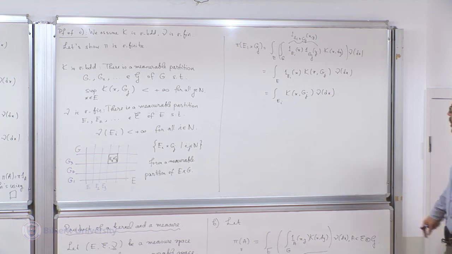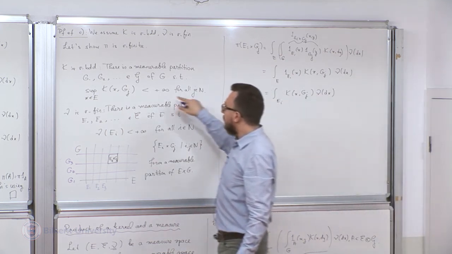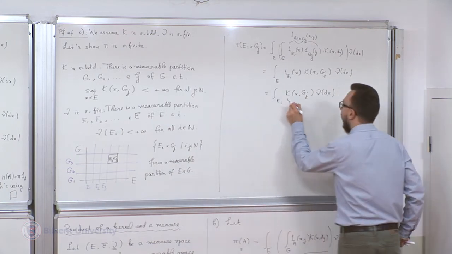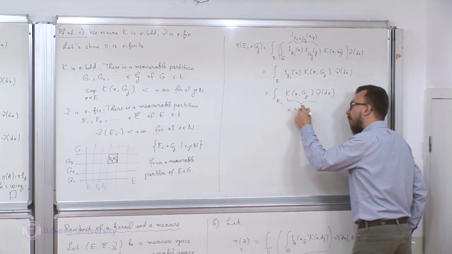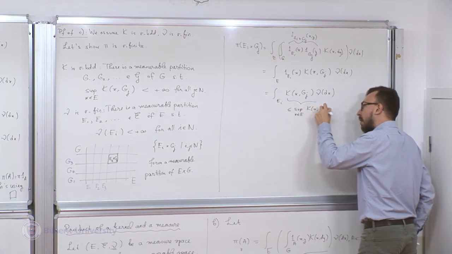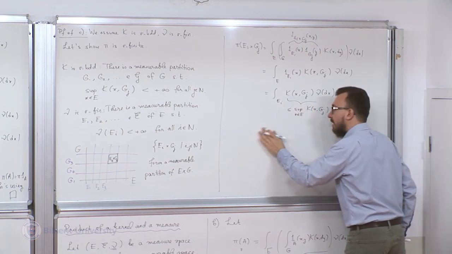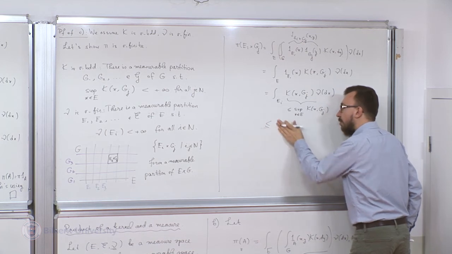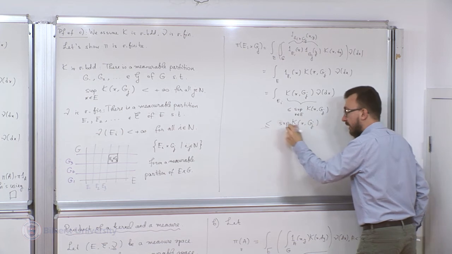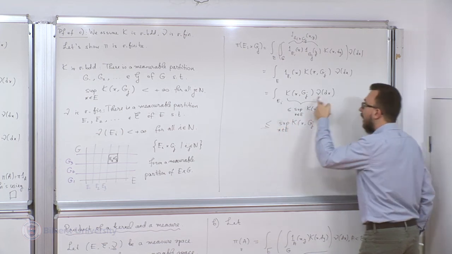Well, this is bounded by some finite number, right? So I can bound this by its supremum over x, so that this is less than or equal to the supremum of K(x, Gj), which is a constant now. It does not depend on x, right?